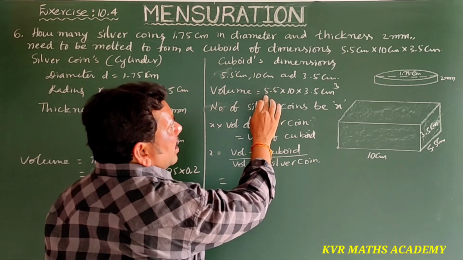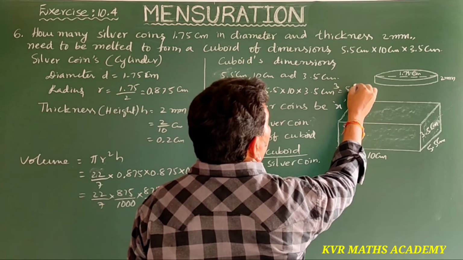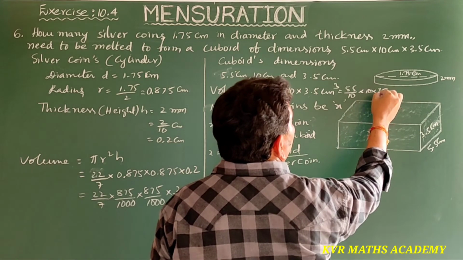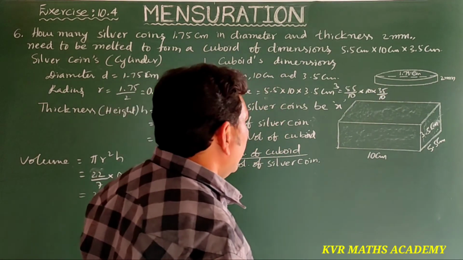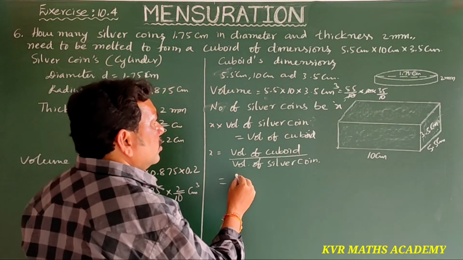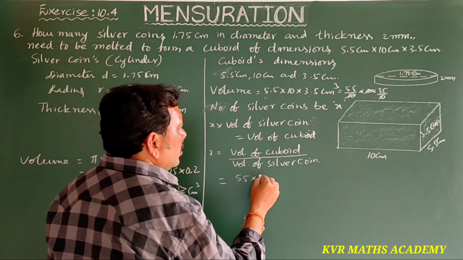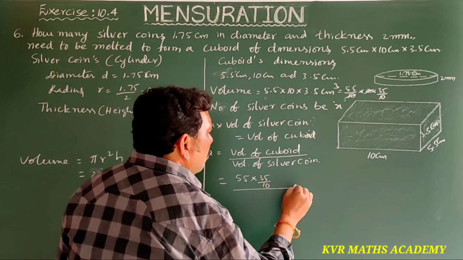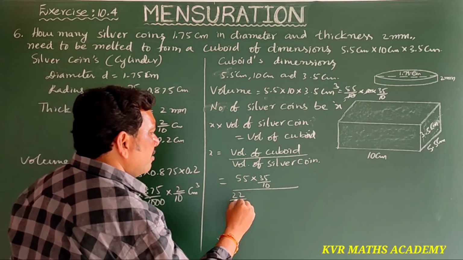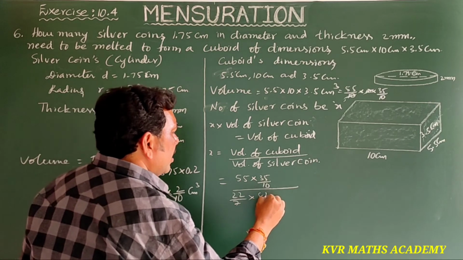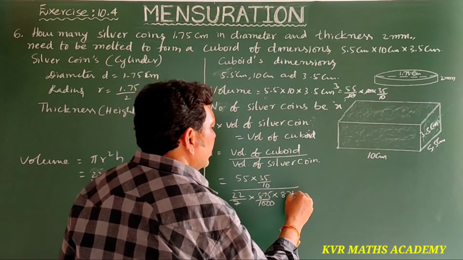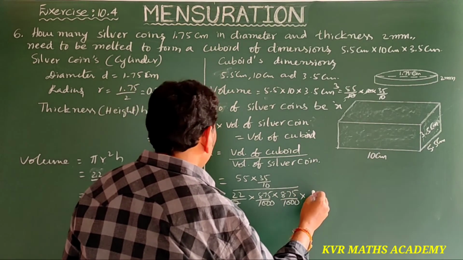So the volume of the cuboid, for better understanding, is 55 by 10 into 10 into 35 by 10. Here the 10 gets cancelled, so write 55 into 35 by 10 only. So x equals 55 into 35 by 10, divided by the volume of the silver coin, 22 by 7 into 875 by 1000 into 875 by 1000 into 2 by 10.